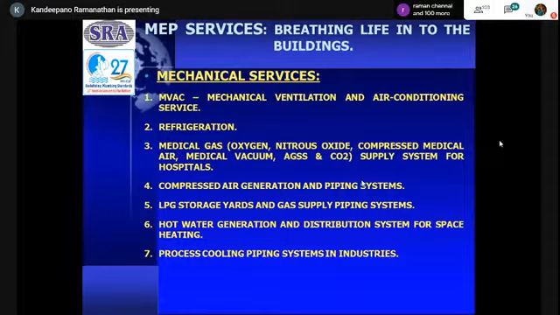The piping system design and the cooling system design is called the process cooling systems, which are usually in industries.